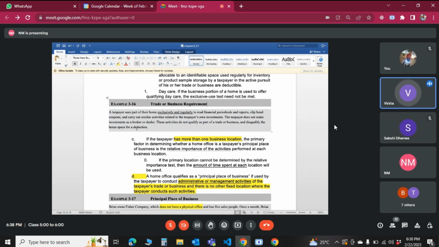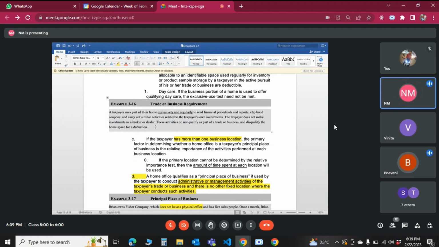The taxpayer does not make investments as a broker or dealer. These activities do not qualify as part of a trade or business and disqualify the home space for a deduction. Ma'am, can I ask?